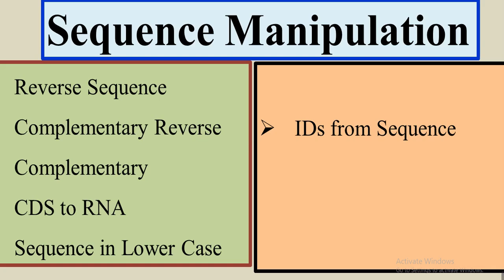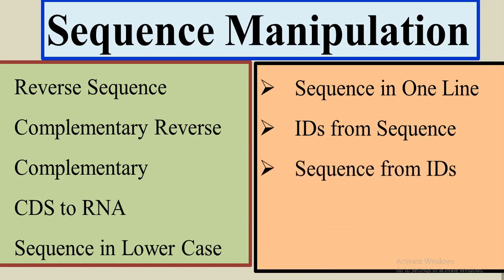We have a number of sequences and we need only IDs, we don't need the sequence, or we need the sequence in one line, or only the sequences, we don't need the IDs.